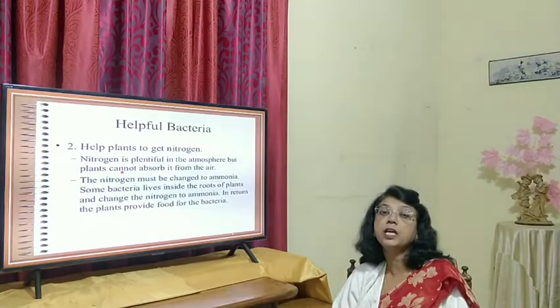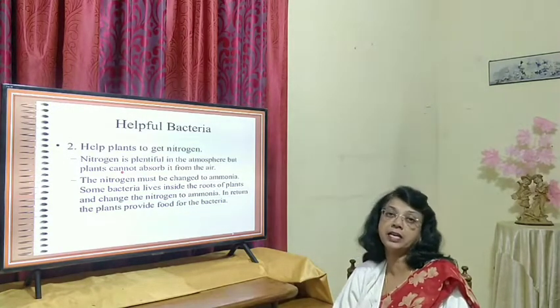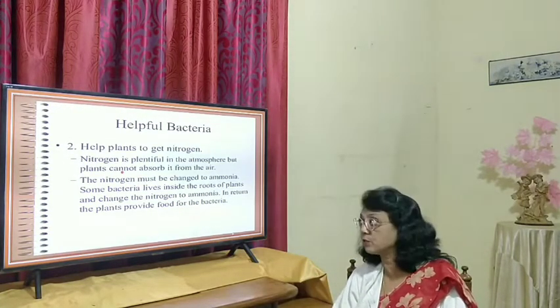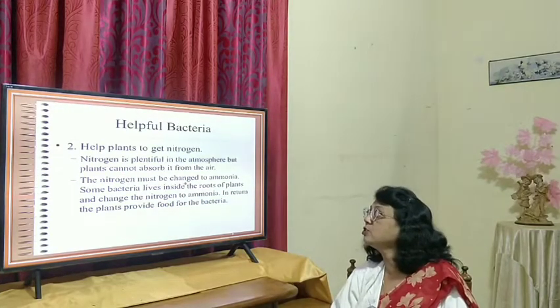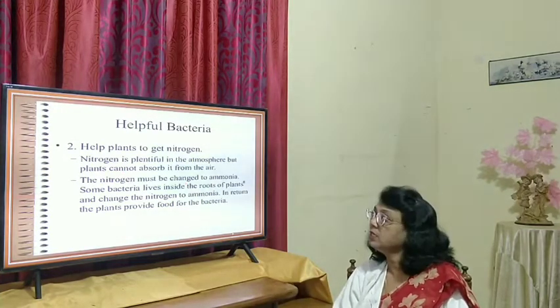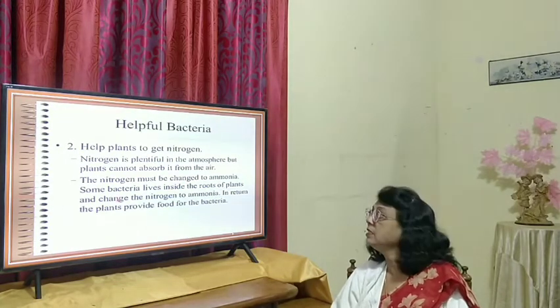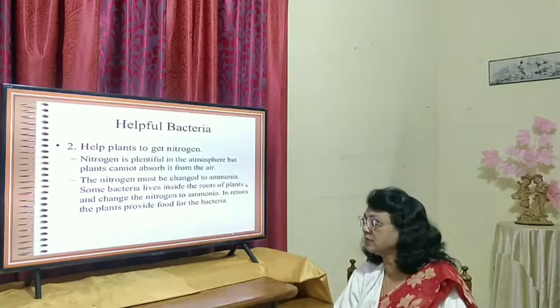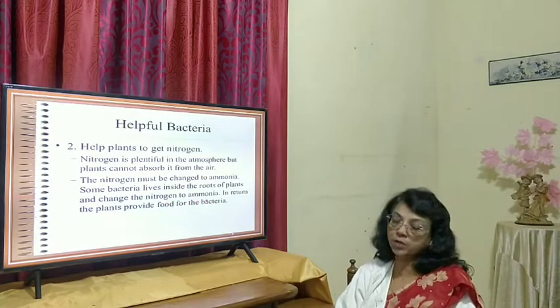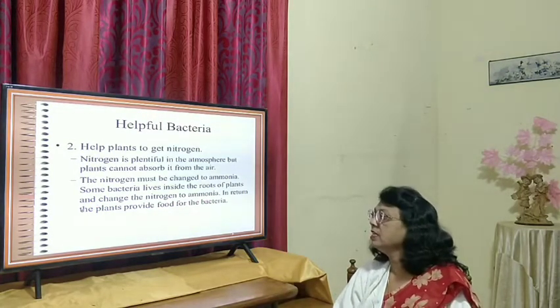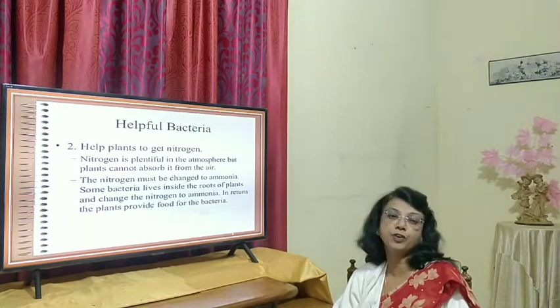But they are unable to take in nitrogen from the atmosphere. The nitrogen must be changed to ammonia. Some bacteria live inside the roots of plants and change the nitrogen to ammonia. In return, the plants provide food for the bacteria.